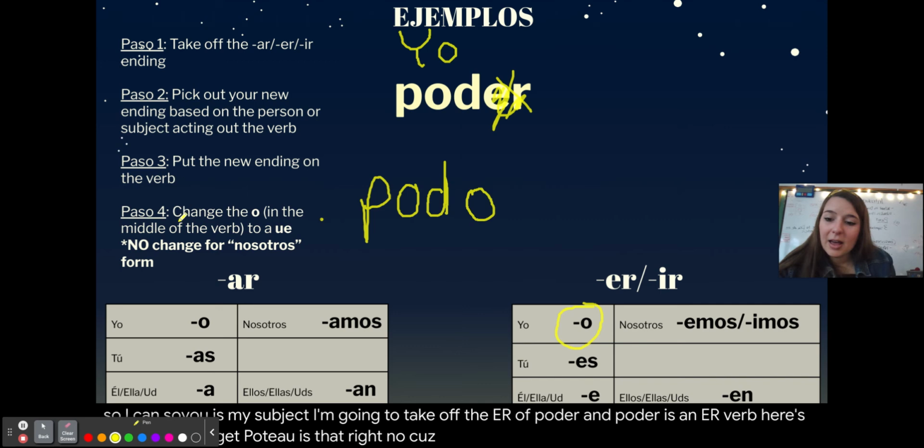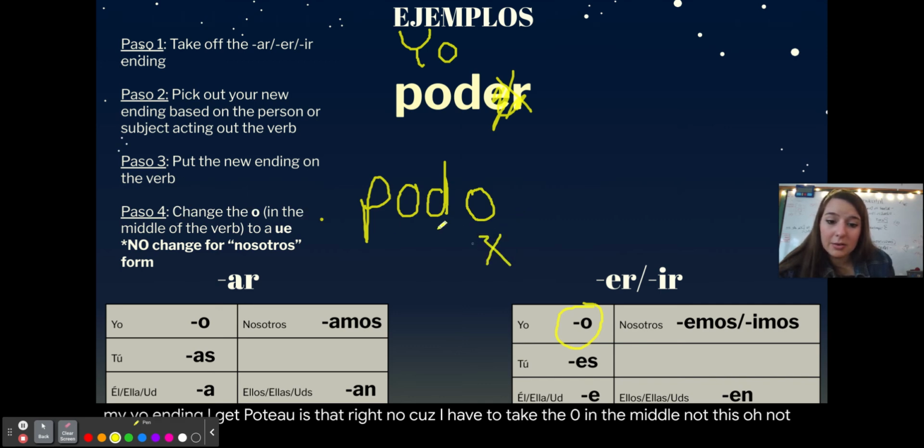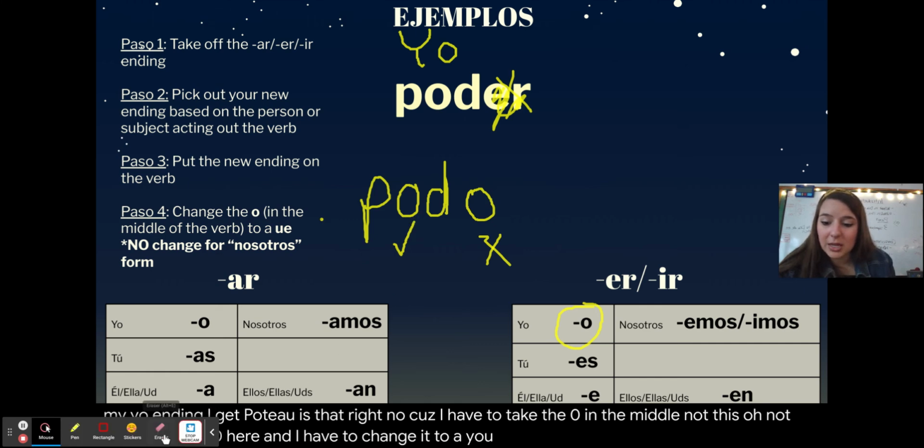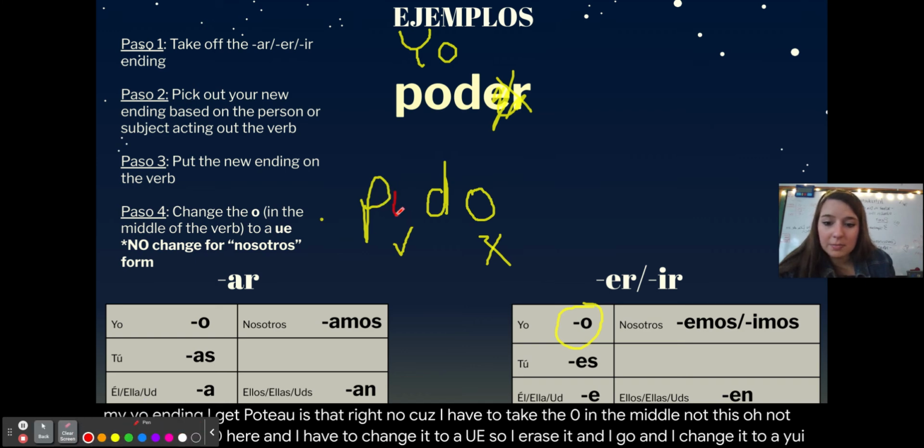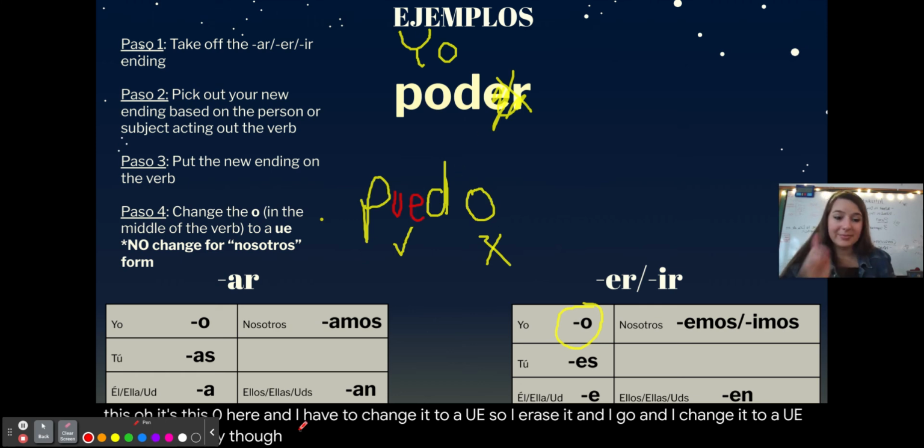No, because I have to take the O in the middle, not this O, not this O. It's this O here. And I have to change it to a UE. So I erase it, and I go and I change it to a UE. So I get yo puedo. That's correct. I can, or I am able to. Yo puedo.